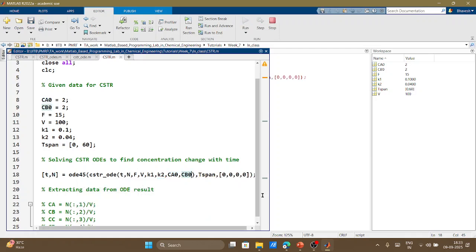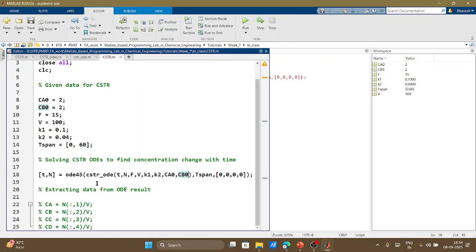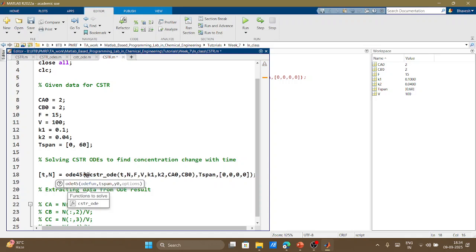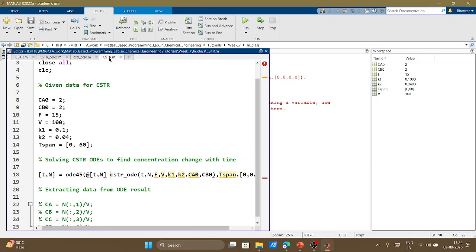Now let's see. Still we are getting some error. Unrecognized function variable T. Here let me put it as @ comma T comma N, and that's it. Just a minute. It's not T comma, it's T comma N. Now it should work.